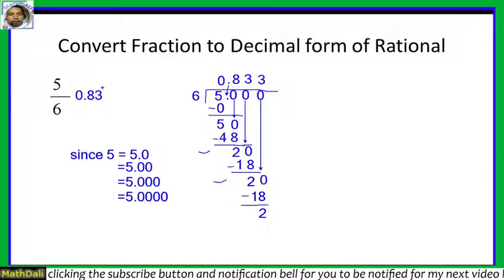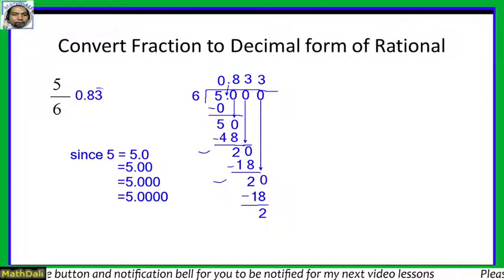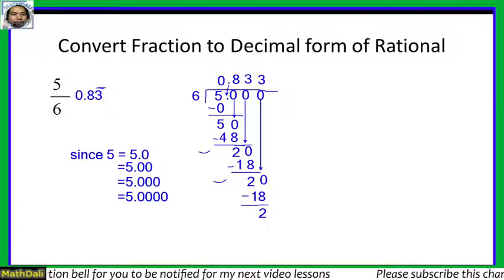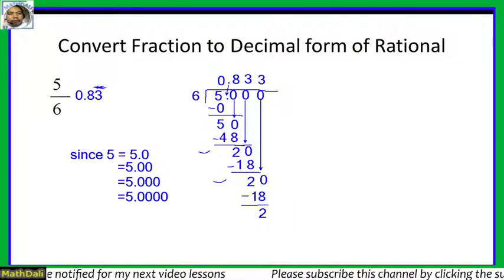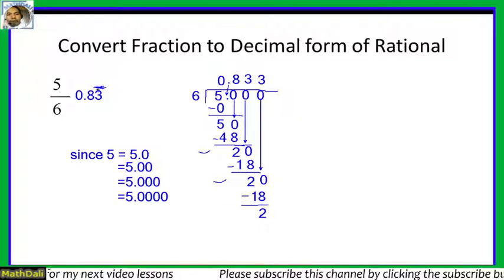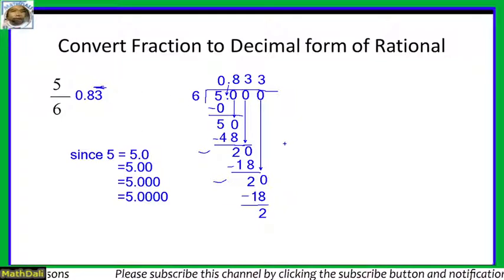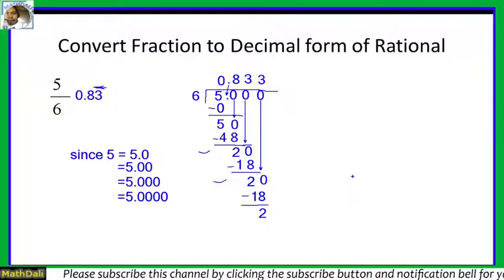Ayan. Pwede na ninyong lagyan to ng bar sa taas. Kasi naulit na yung ating 3. So, combination to ng ating terminating and repeating decimal. Ang repeating decimal natin dito is 3. Ayan. Okay na.